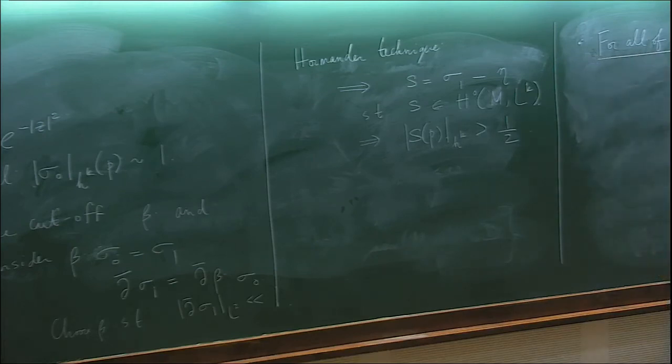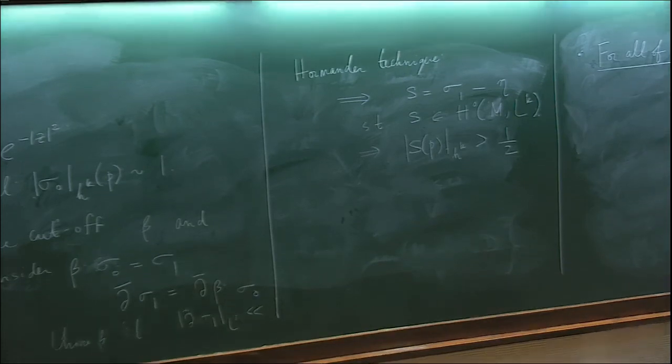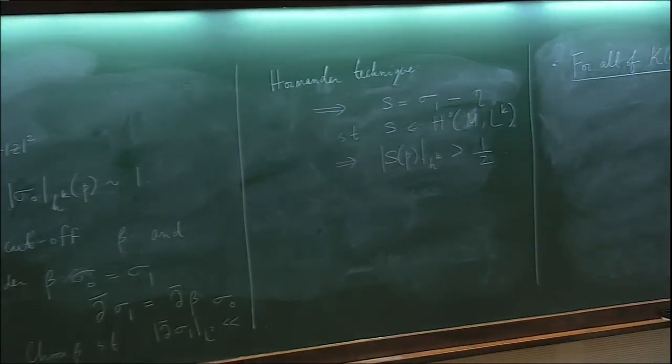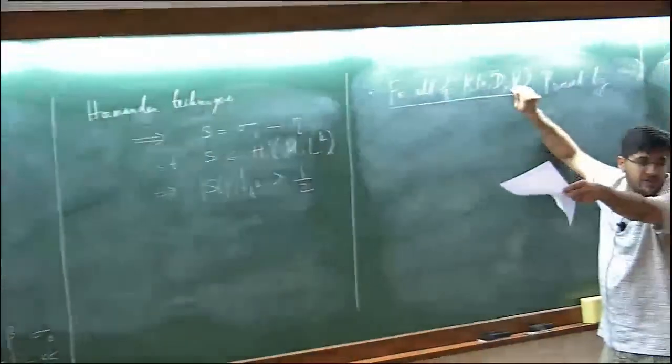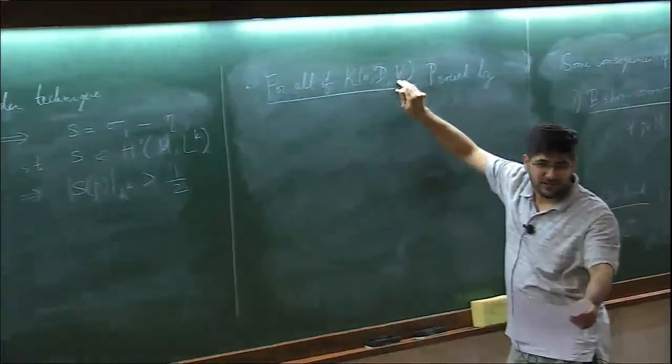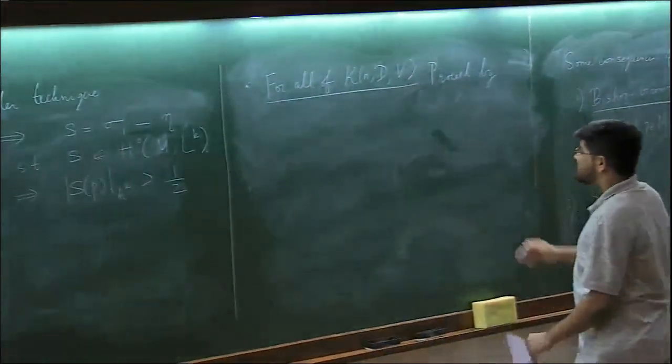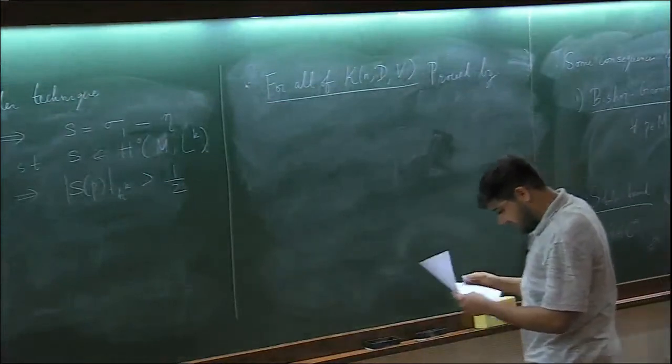I'm going to proceed by contradiction. The actual proof requires some more work, but I'm going to present a simplified or weaker version of their result, in which I can proceed by contradiction and only look at sequences. To go from this to their actual theorem, you need some additional technicality, which is not that serious anyway.